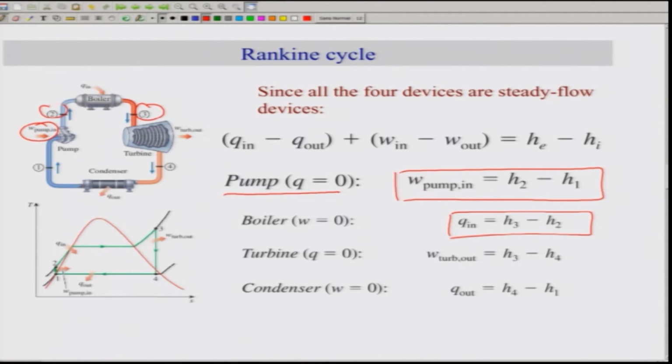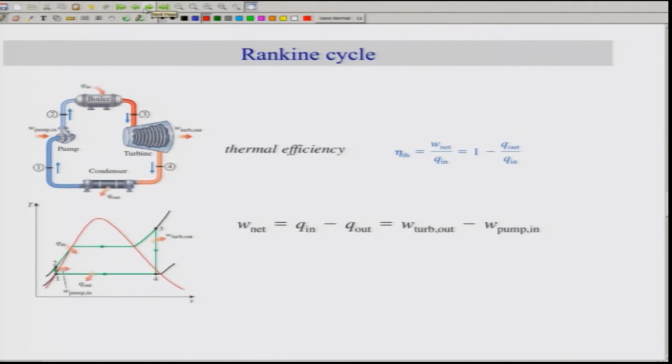The turbine, of course, is also adiabatic, and in this idealized condition, this is your turbine work out, which is nothing but the enthalpy change between 3 and 4. In the condenser, there is no work involved, and hence Q out is simply the enthalpy change between 4 and 1. Now one can make use of these balances, as well as the overall information on the net work, to calculate the thermal efficiency.